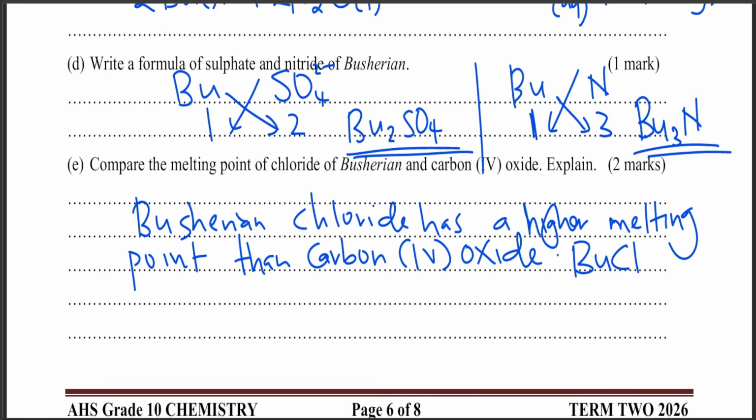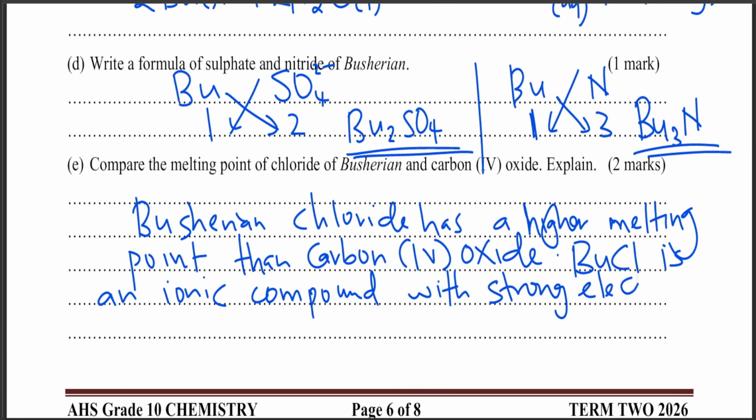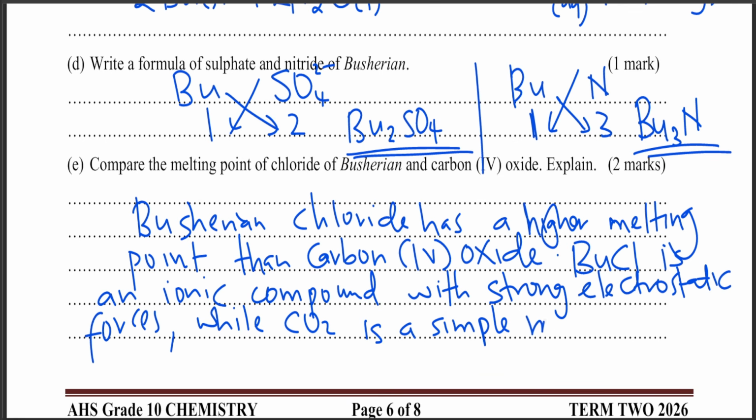Utasema explain it. Barium chloride, which is BuCl, is an ionic compound. And ionic compounds normally have a high melting point. So is an ionic compound, with strong electrostatic forces, because it has strong electrostatic forces between the positive ion and the negative ion, while carbon dioxide is a simple molecular substance with weak intermolecular forces.